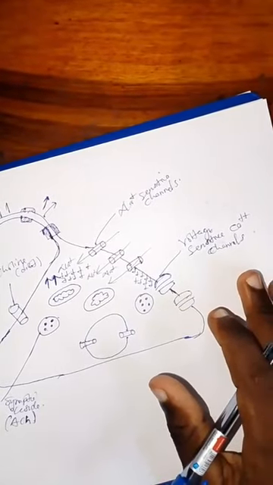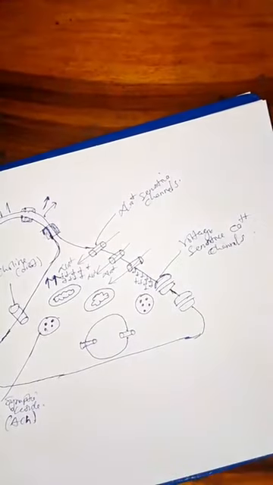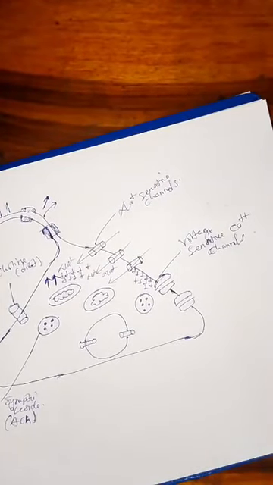So let me repeat the pointer: when the action potential reaches the axon terminal, it opens the voltage gated calcium channels on the membrane of the axon terminal.